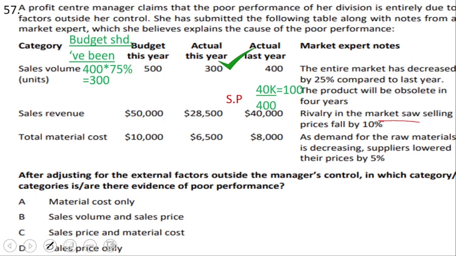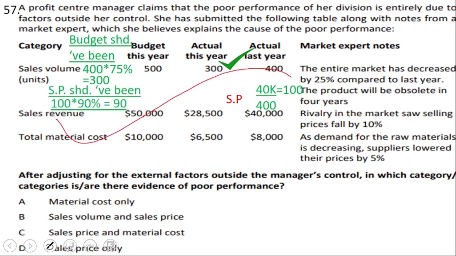But since the selling prices fell by 10%, you should modify the selling price, right? So the selling price should have been 100, that was last year's selling price, multiplied by 90%. Why 90%? Because the selling prices have fallen by 10%. So the budgeted selling price should have been $90.